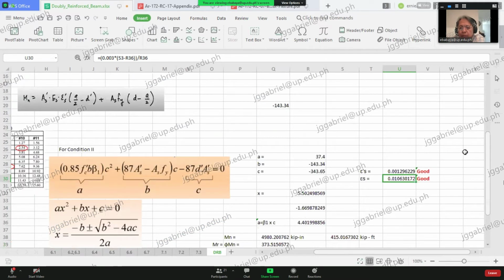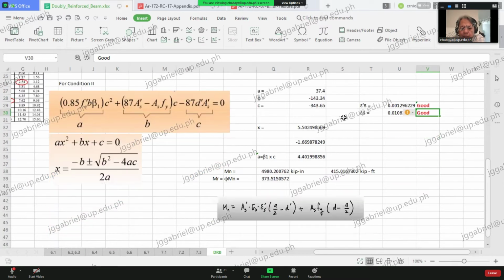So we say it's good also. Okay, good na yung dalawa. Okay, consistent tayo sa assumed strain for compression and tension reinforcement. So we can use already this formula.